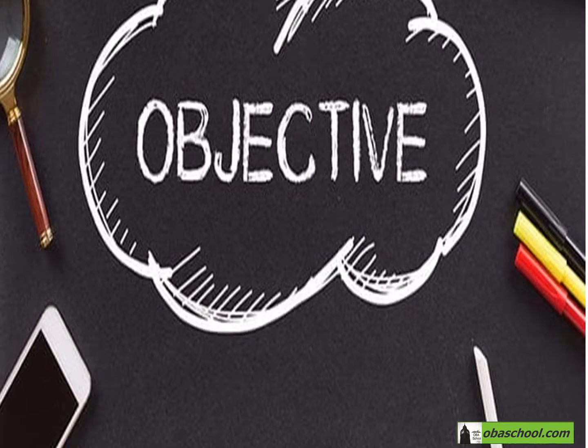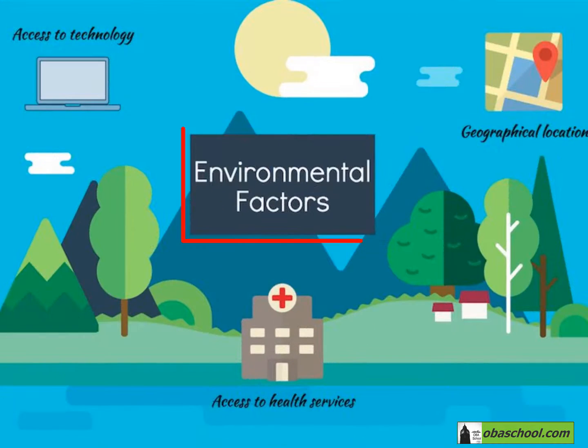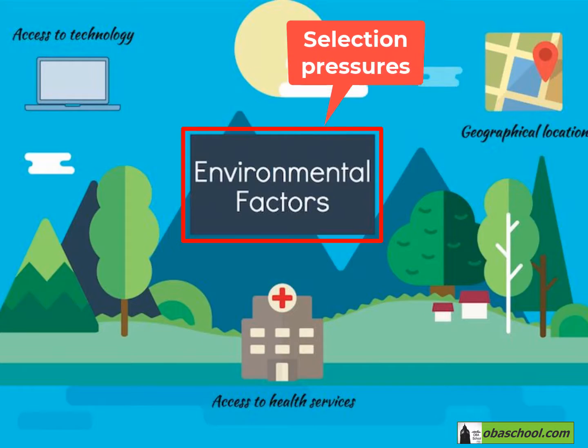In this tutorial, our main objective is to describe stabilizing selection. Environmental factors that affect the chance of survival of an organism are selection pressures.